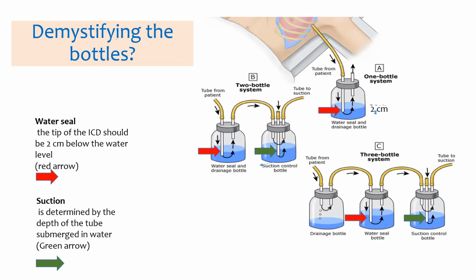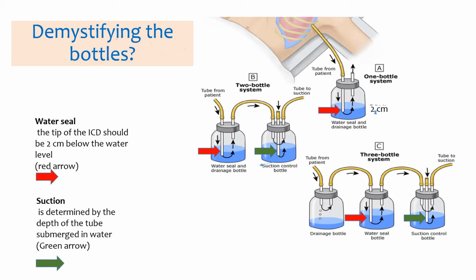But sometimes there is a hydropneumothorax or there can be a hemopneumothorax. So here you actually need to drain the fluid along with the air. So that is in a three bottle system, that is bottle C. In bottle B, we are actually applying suction, and again we have applied a water seal, and the suction is shown by the green arrow, and the depth of the middle tube in the second bottle in figure B is the amount of suction, right?